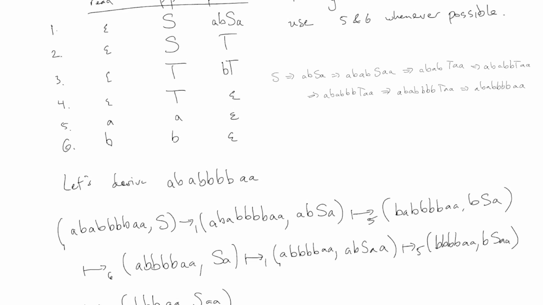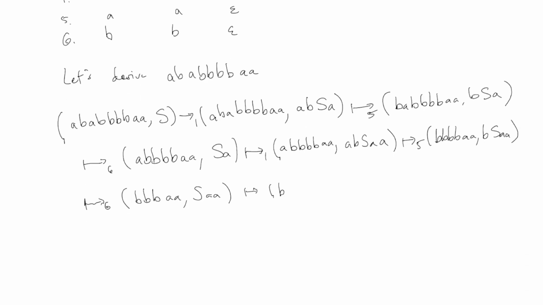Because the next grammar step is this one now. We're only on the 3rd grammar step. But that was the one which changed S to a T. So that was rule number 2 on my stack machine. So it says pop S, push T, read epsilon. Read epsilon means I don't change the string part. BBBAA. Pop S, push T means it now says TAA.